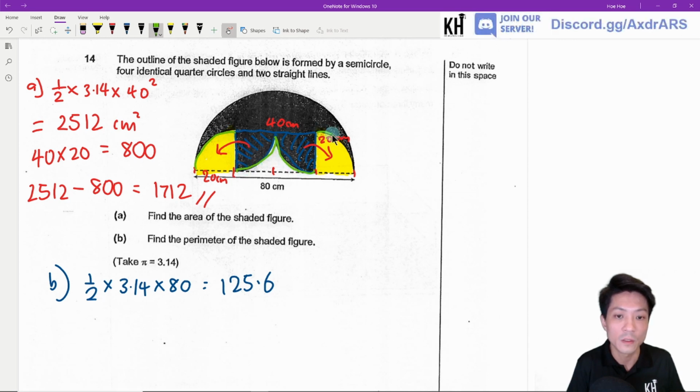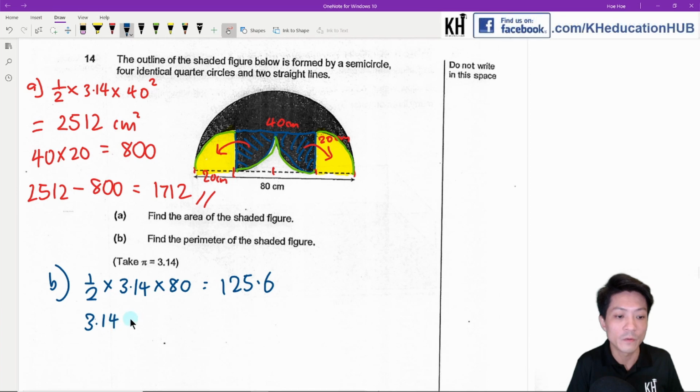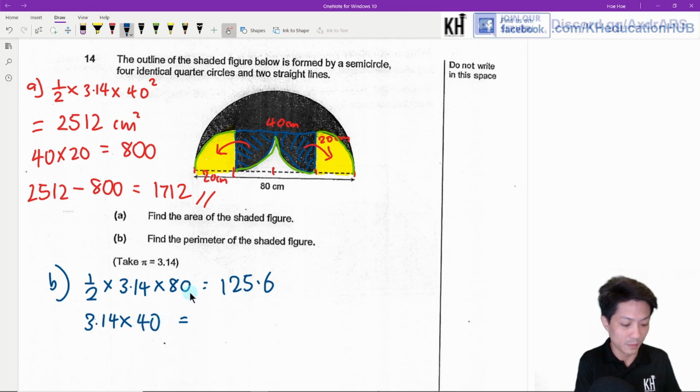The next thing that you need to realize is this 4 curved part, 1, 2, 3, 4, they form one full circle. So 3.14 times, the radius is 20, so 40 cm. So it is also 125.6.